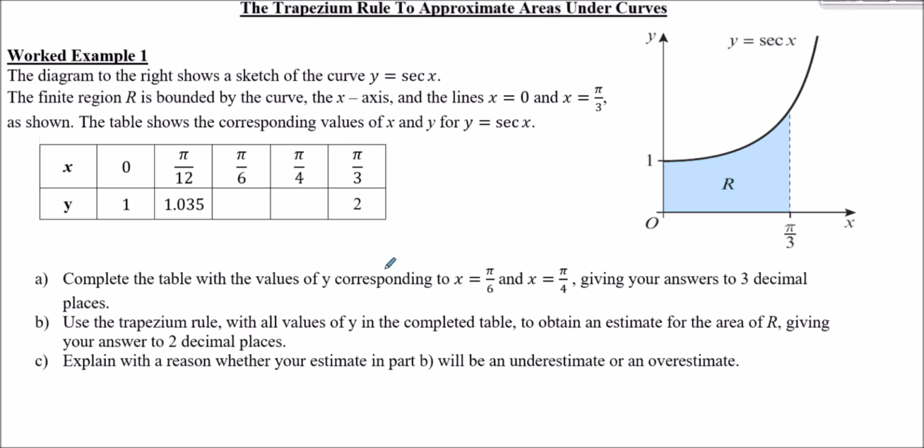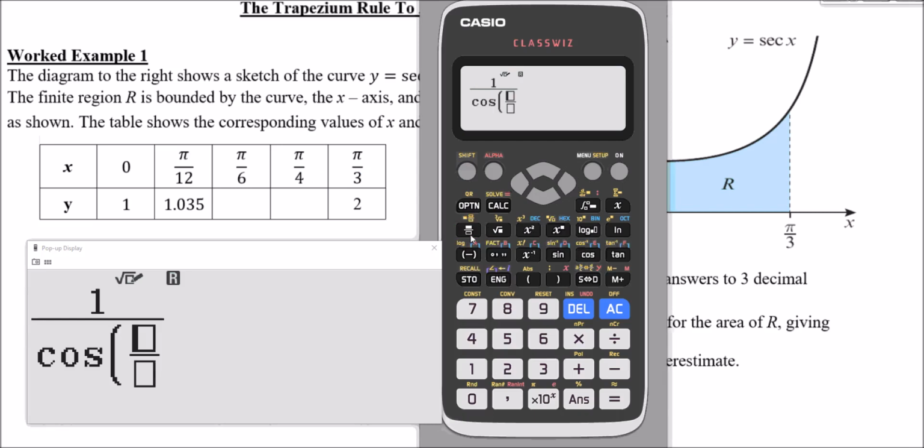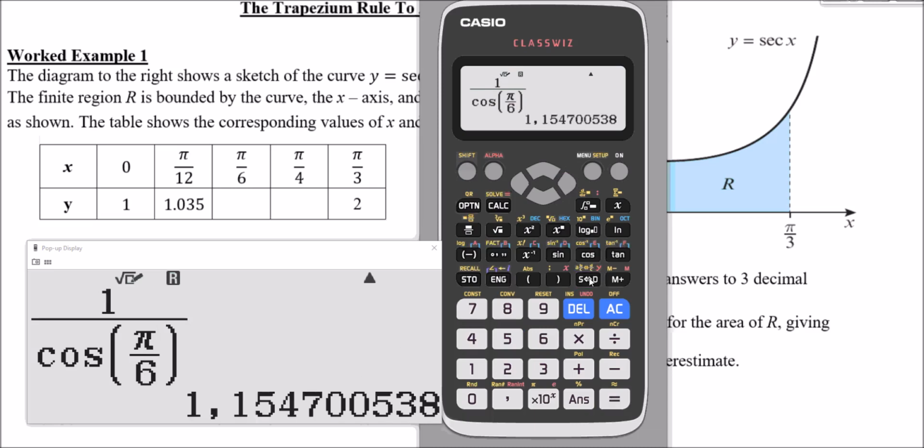So this is fairly easy to work out. And so when x is pi over 6, what we're needing to work out here is sec of pi over 6. Well, sec is obviously 1 over cos. So if I do 1 over cos pi over 6, so shift pi over 6, close the brackets, that's going to give 2 root 3 over 3, which, if we just simplify it as a decimal, gives 1.155 to 3 decimal places.